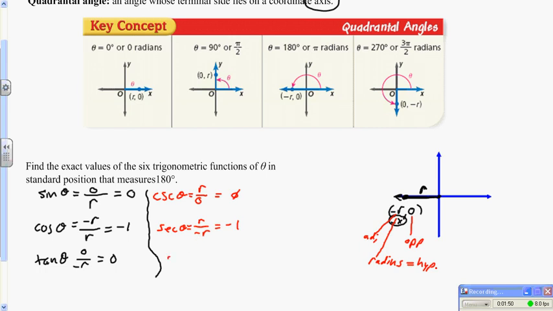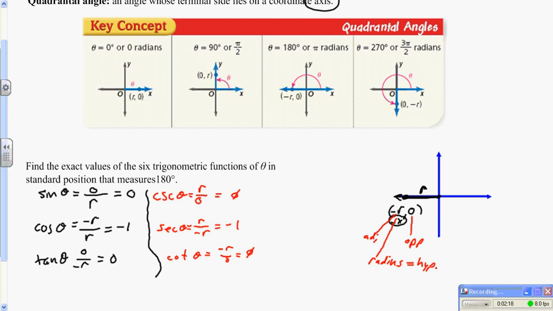And cotangent would be negative r over 0, which would also be undefined. So even if it's on an axis, we have to think a little bit more in terms of how we get the radius, but we can still find all 6 trig functions.